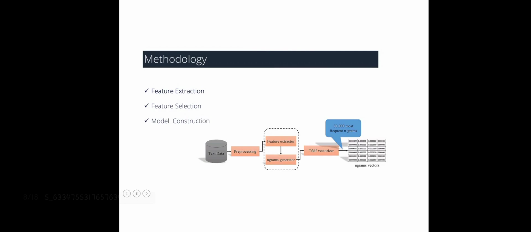So let's start talking about our own methodology, what we have proposed here. Our methodology consists of 3 main phases: feature extraction, feature selection, and model construction. The feature extraction phase consists of 2 main modules, the feature extractor and the n-gram generator, as you can see here. The feature extractor is responsible for extracting various primary features such as chars, words, char sequences, and syllables.